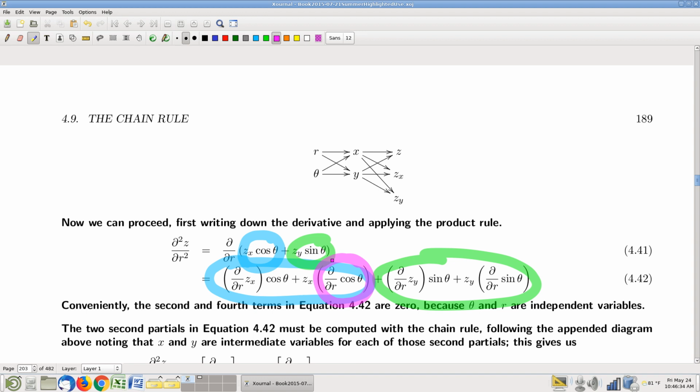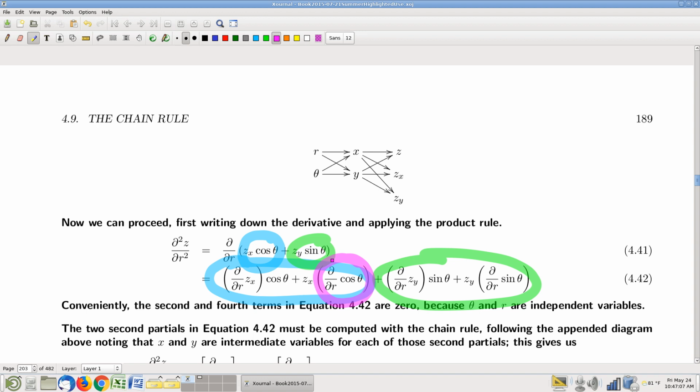Partial with respect to r says, all right, I'm going to let r change, but I'm going to force all of the other variables in its world to be constant. So I'm going to hold theta constant, and then as r changes, I want to know how this thing changes. That's what we mean by a partial derivative. Well, wait a second. Cosine theta, if theta is a constant, cosine theta, constant, not changing. So the partial with respect to r of cosine theta is just 0.